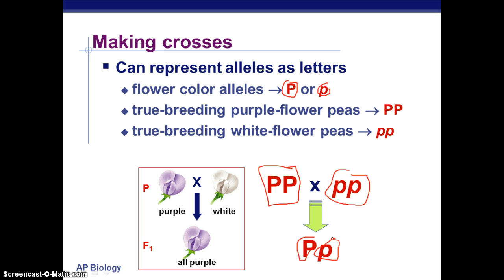That's the genotype of this purple flower: it has one dominant allele and one recessive allele. That has a name that we're going to talk about in a second. But the reason why these flowers are purple is that the purple allele is dominant over the white allele.